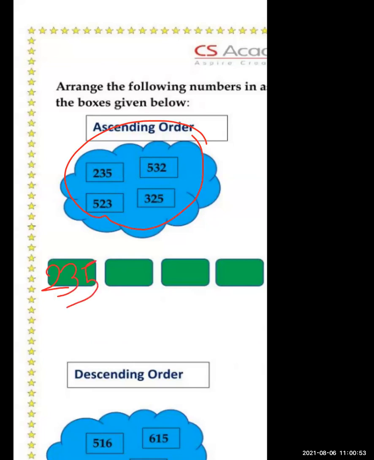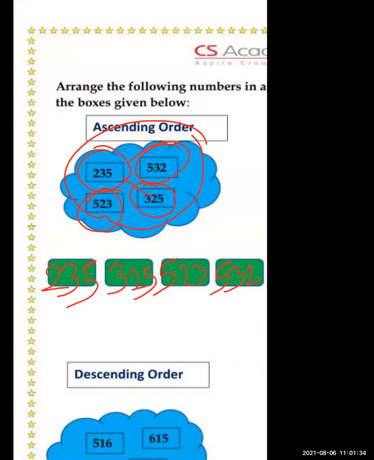235. For ascending order, we have to start from the small number and reach towards the big number. So 235 is the smallest, then 325 is bigger than 235. And between 523 and 532, 523 is smaller than 532, and 532 is the biggest number.